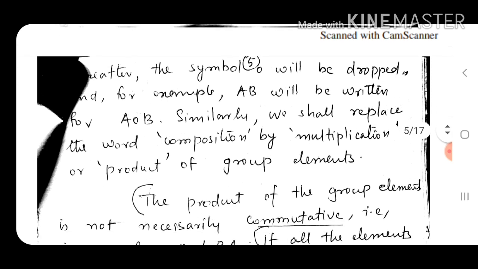Similarly, we will not be using the word composition henceforth. We will just say multiplication or product, the product of two group elements. That does not mean ordinary multiplication. It can be multiplication, it can be other operations as well.